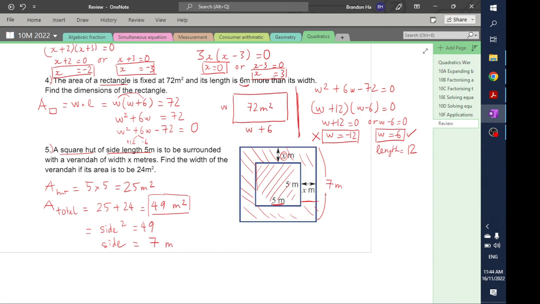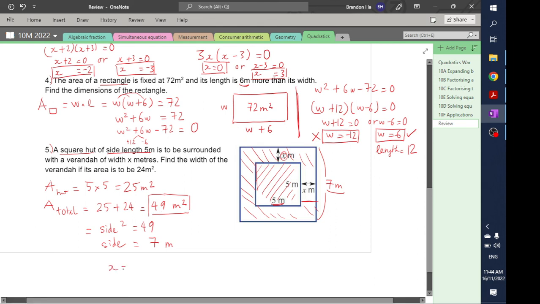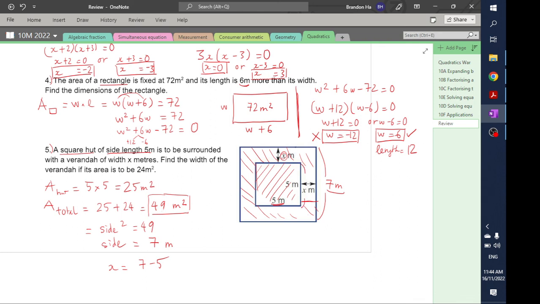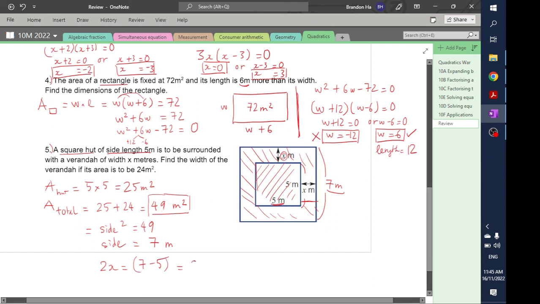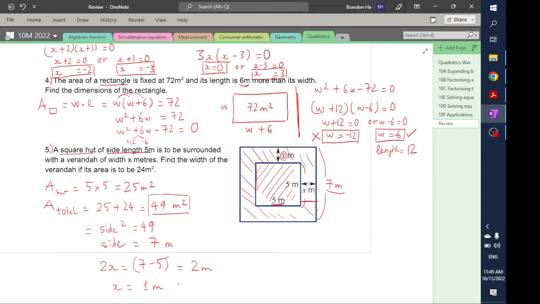So when we get the side equal to 7 meters, we can just say that 2x equals 7 minus 5, right? We take 7 and minus this one. So 2x equals 2 meters, so x equals 1 meter. That make sense? Alright, stop recording.